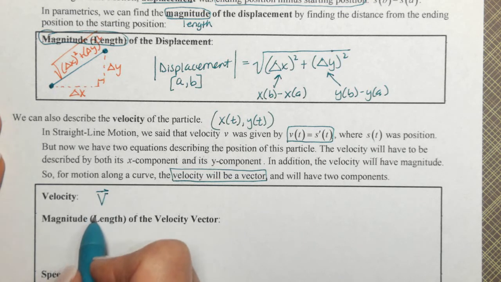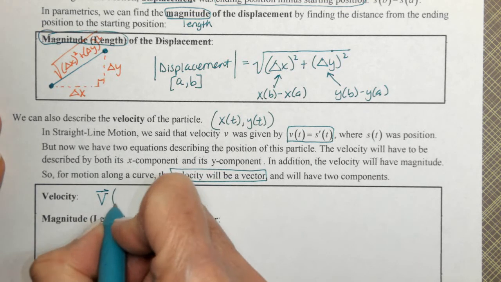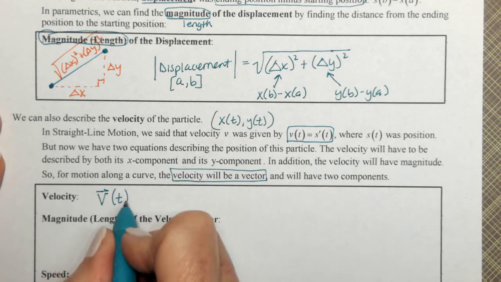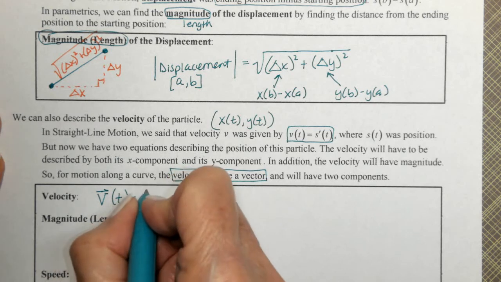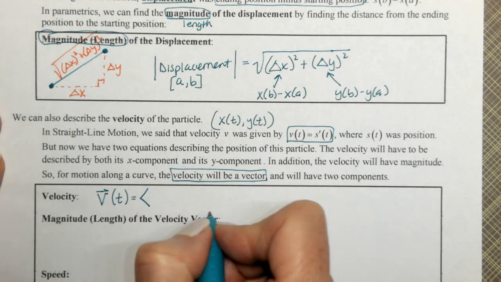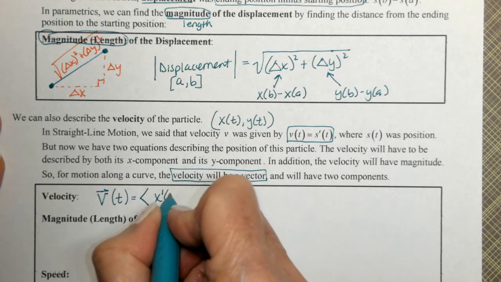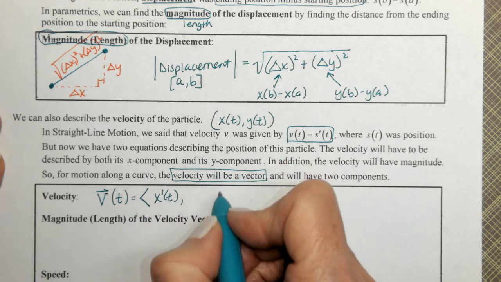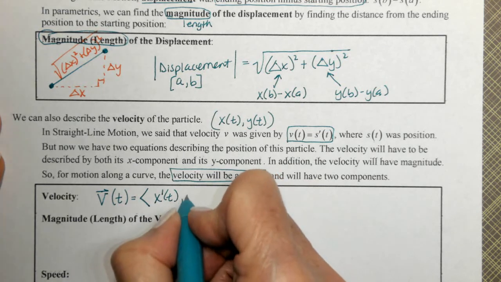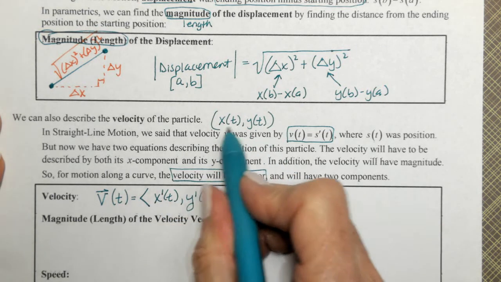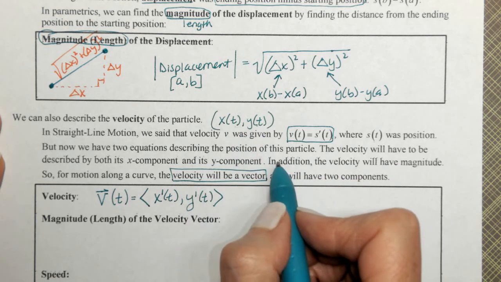That's how I learned it, so that's what I do. The velocity is a function of time. This velocity vector is a function of time, and the x component of the velocity vector is x prime of t. The y component of the velocity vector is y prime of t, if the position is x of t and y of t.